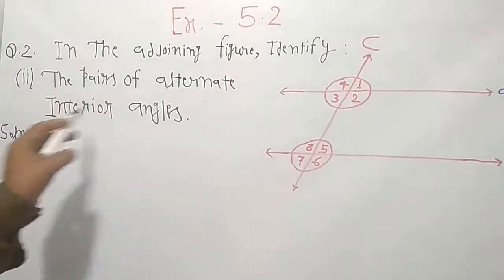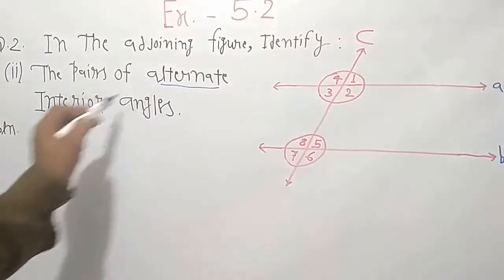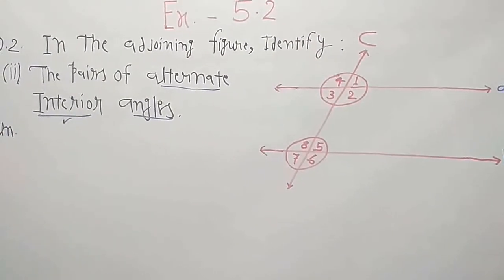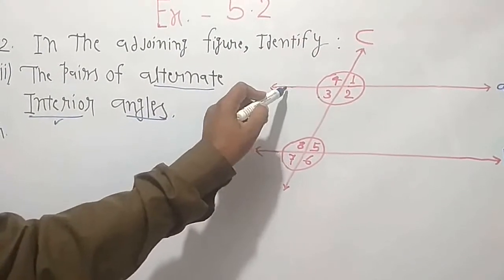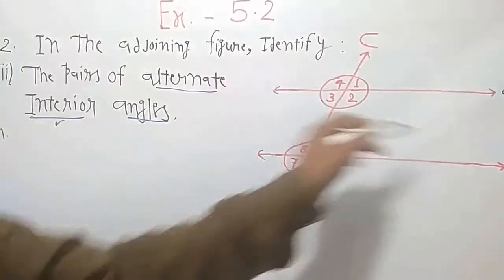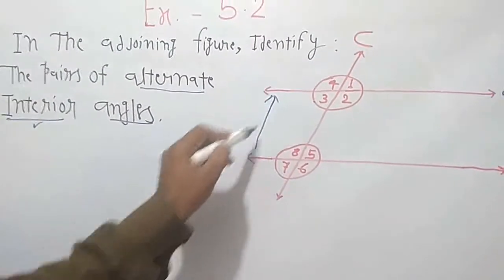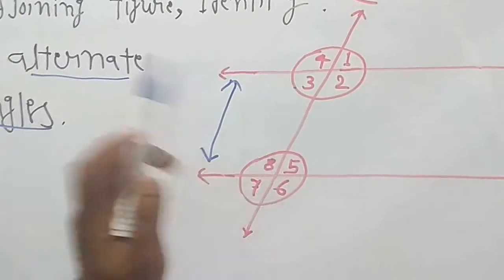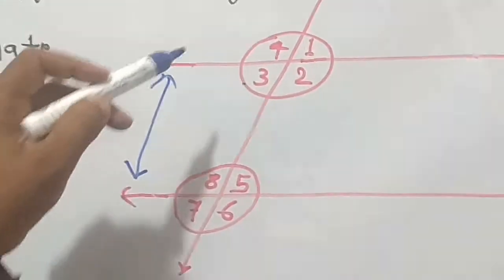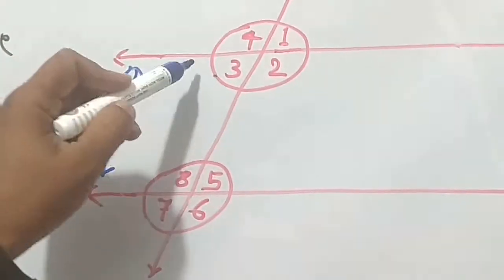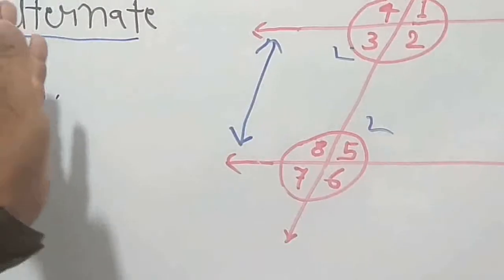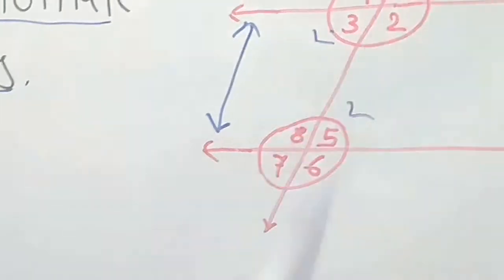The pairs of alternate interior angles. First we observe this is the interior part of a and b, and in this interior part there are four angles: angle 3, angle 2, angle 8 and angle 5. The pairs of alternate angles are angle 3 and angle 5, because one angle is situated on this side and the other on the other side.